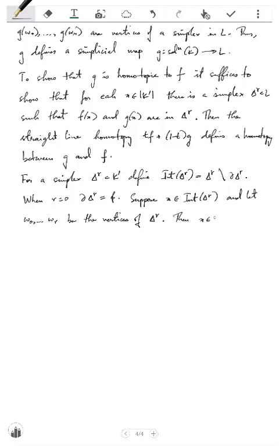Then x belongs to the intersection of star Wi's.